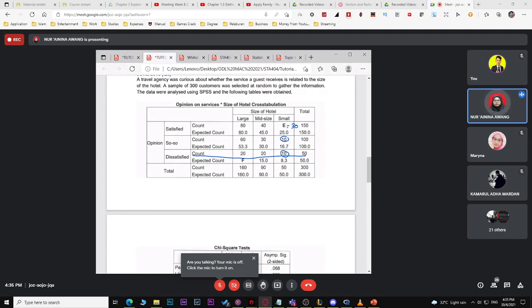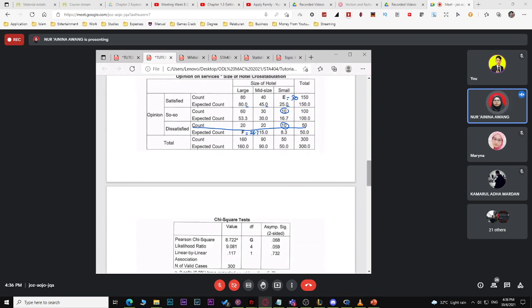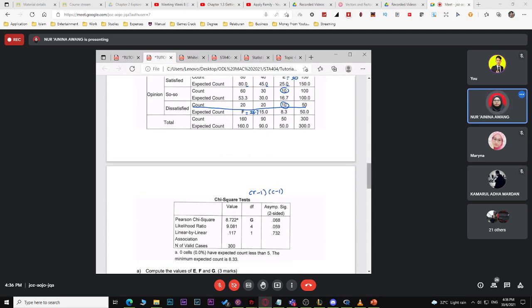And then for F, since F is your expected count, you need to do 50 times 160 over 300. And then since all the decimal places are one decimal place, you will get the value for your F is 26.7. Right, and the last one is your G. G is your degree of freedom. So you know that the formula is row minus 1, column minus 1.